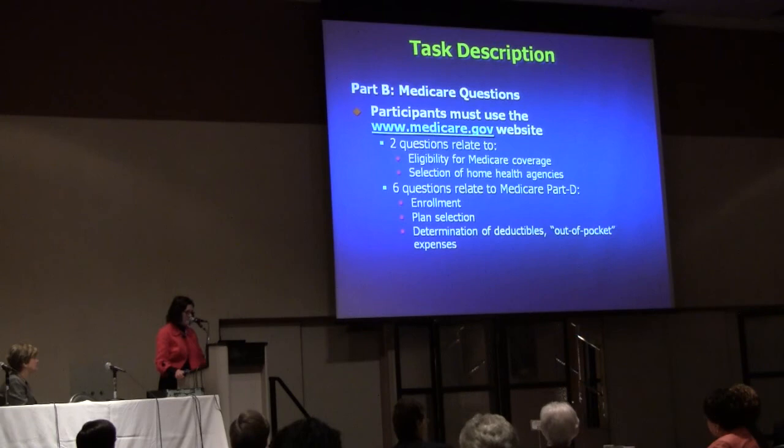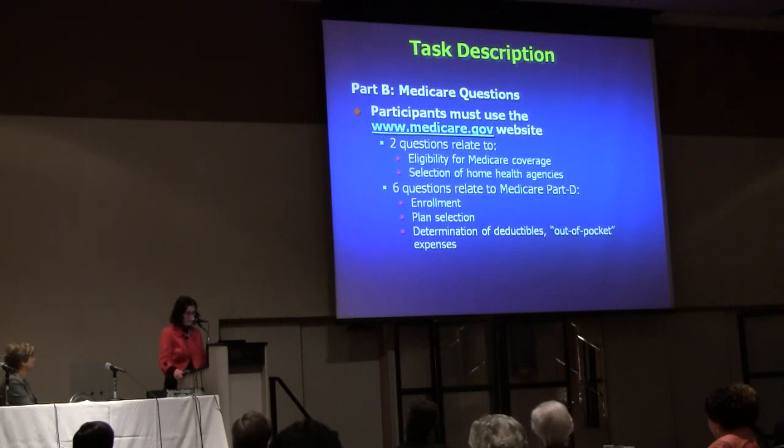In Part B, we put them on the Medicare website. And we actually had them use the website to solve problems that people would solve if they were going to use the Medicare website at home. Are you eligible for Medicare coverage? Okay, that's a very realistic question. We had them select some home health agencies to meet particular needs.